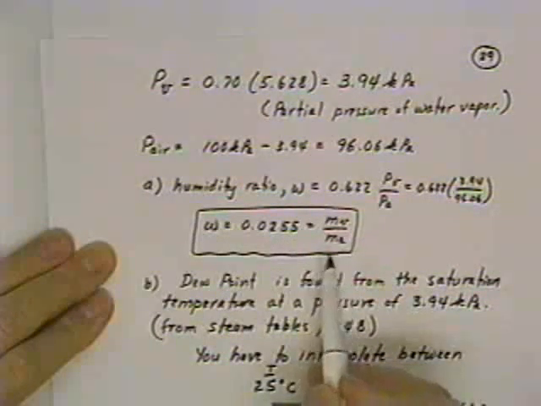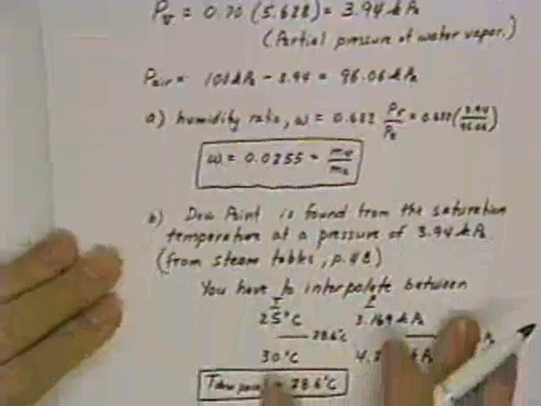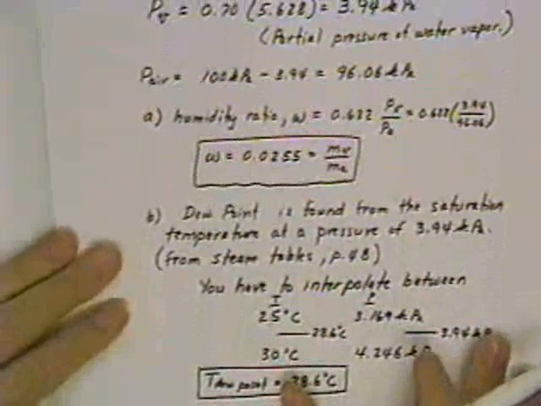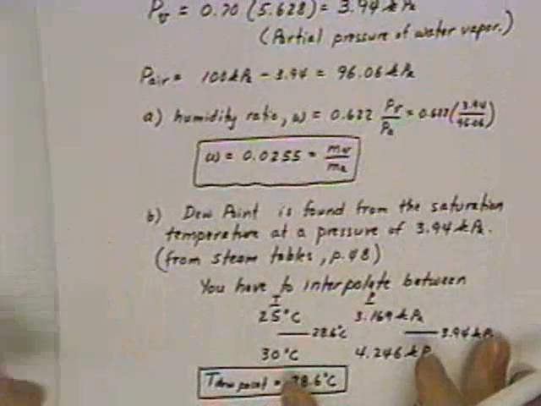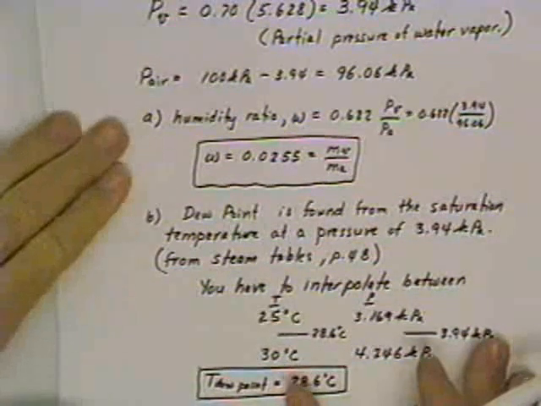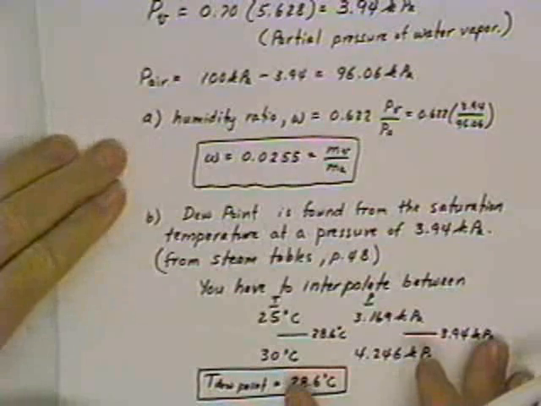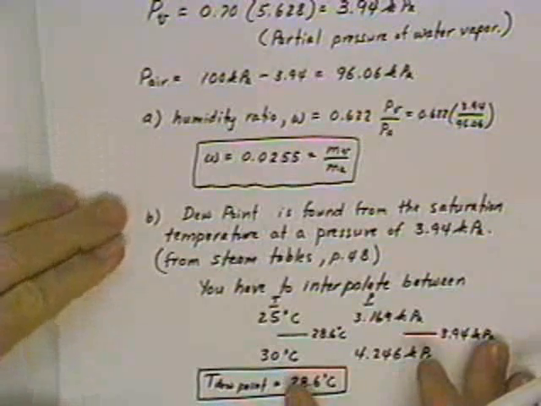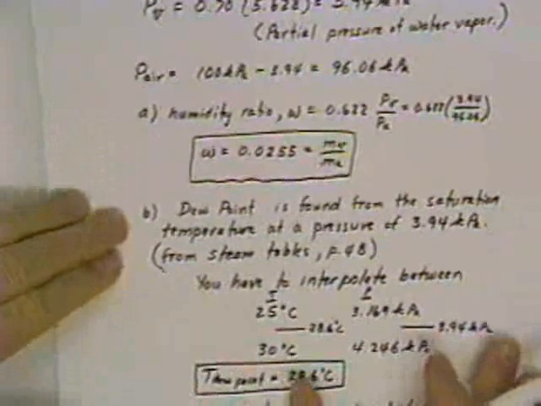That's the humidity ratio. All that's required is looking up the steam tables and calculating based on the definition of PV and PA, which gave us 0.0255 mass of the vapor divided by the mass of the air.